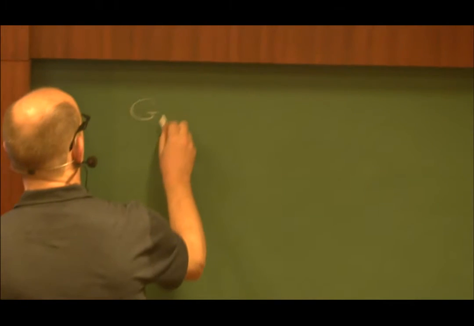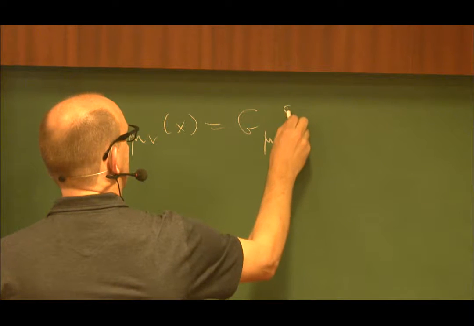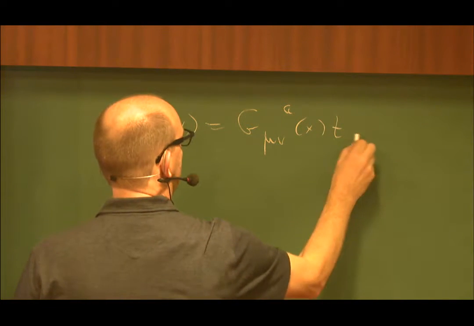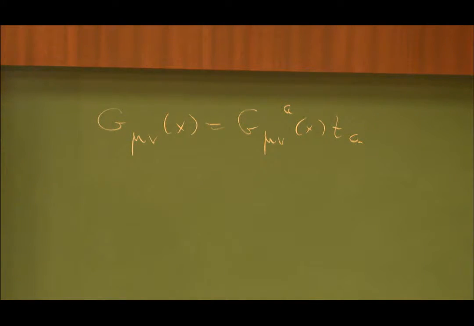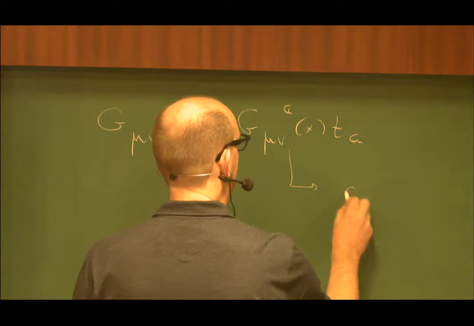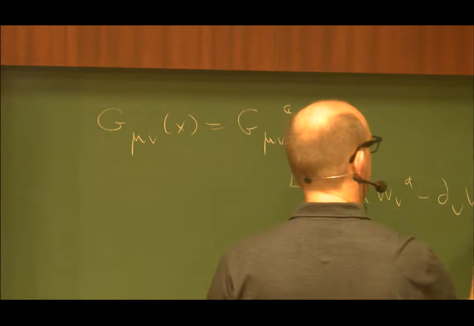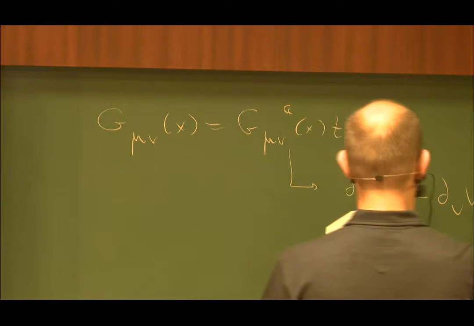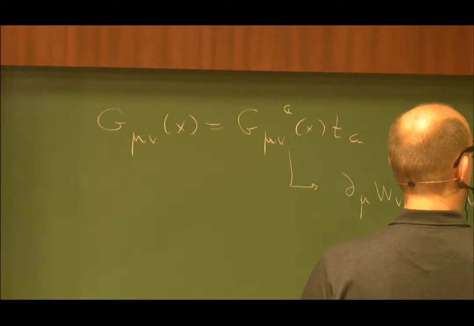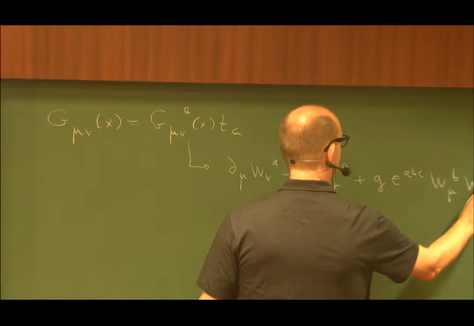For the adjoint representation, you can write this, right? And then what is the G_mu nu as a component? Well, it's not so difficult to work out. This is equal to d_mu W_nu^a minus d_nu W_mu^a plus g epsilon^abc W_mu^b W_nu^c.